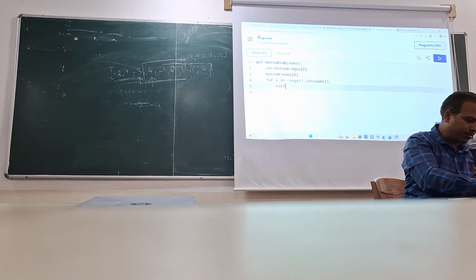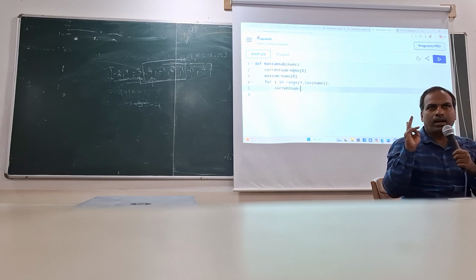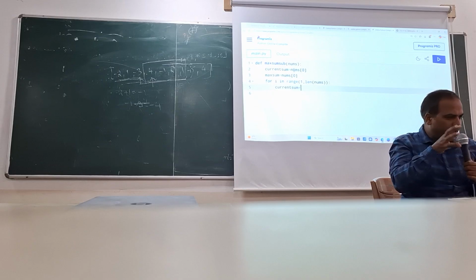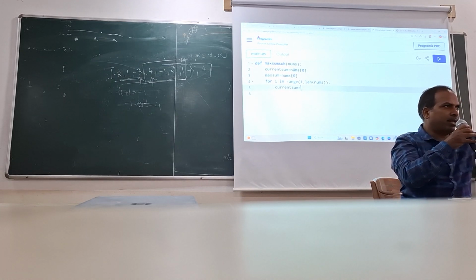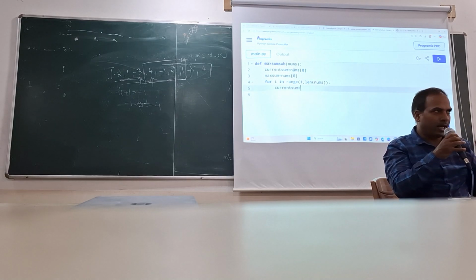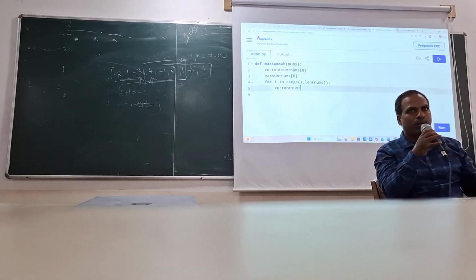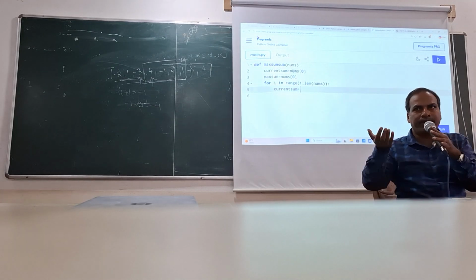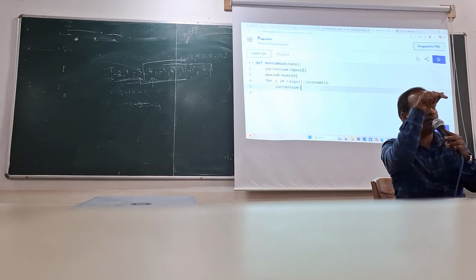My current sum equals... I have two options now. You add the current number to the previous current sum, and compare that with the current number. If it is more than the current number, you extend. If it is less than the current number, you drop that and start the new subarray from the current number.